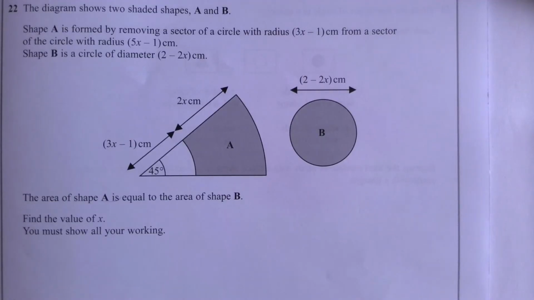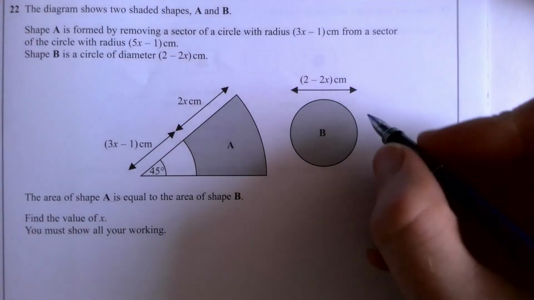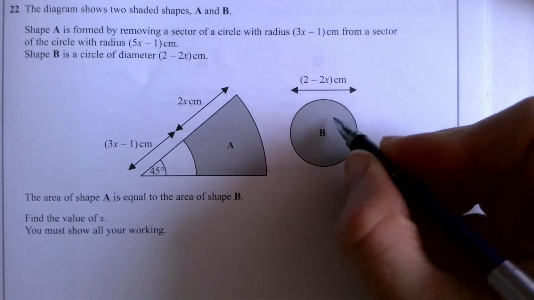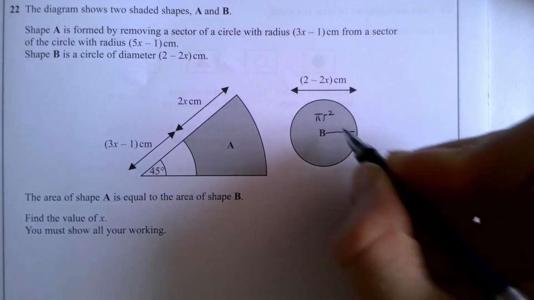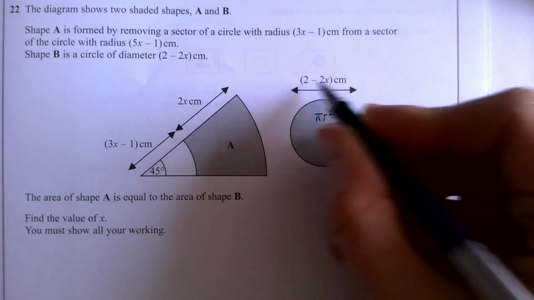Okay, here's question 22, which is definitely tricky, but you can pick up 1 or 2 marks just for talking about the area of a circle and for making an equation. Right, so let's go. So area B is going to be pi r squared, isn't it? And the radius is going to be half of that.